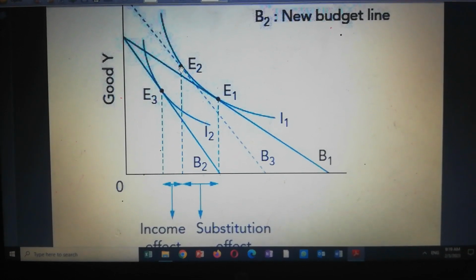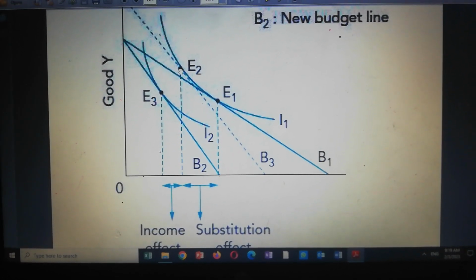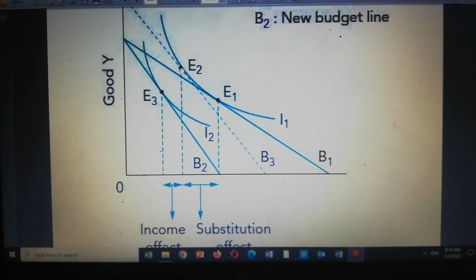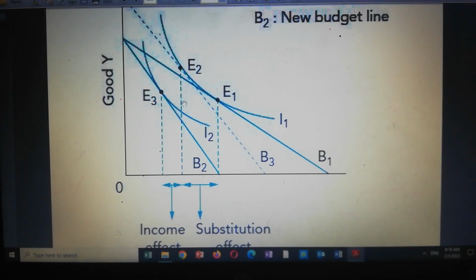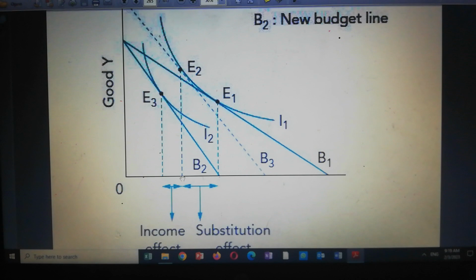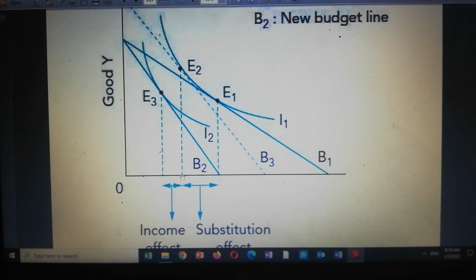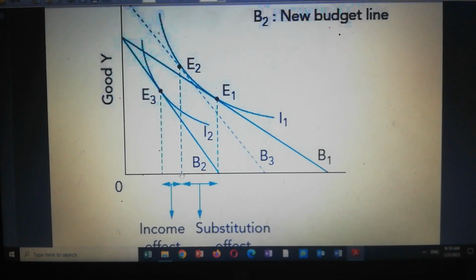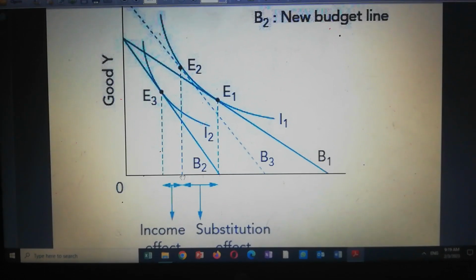Of X, whose price has gone up, moving along the same indifference curve to this point here, E2. So the consumer is now going to be purchasing less of good what? Of good X.